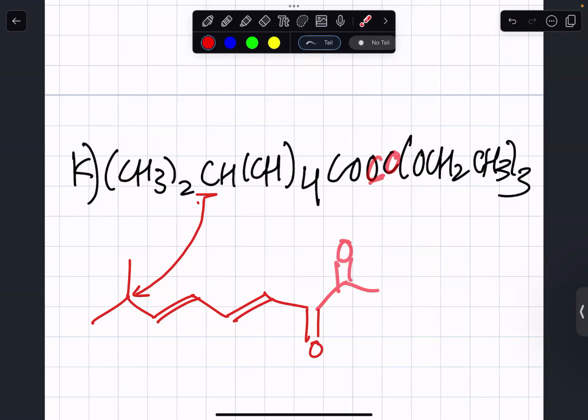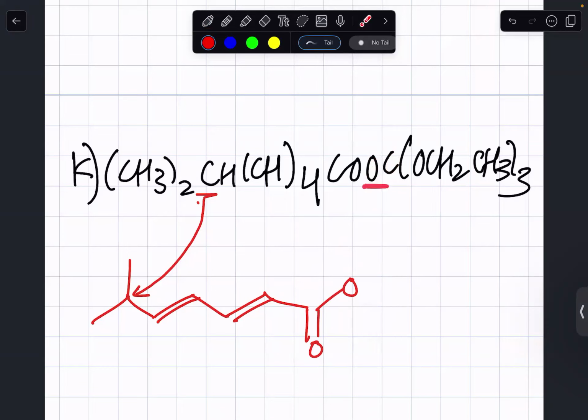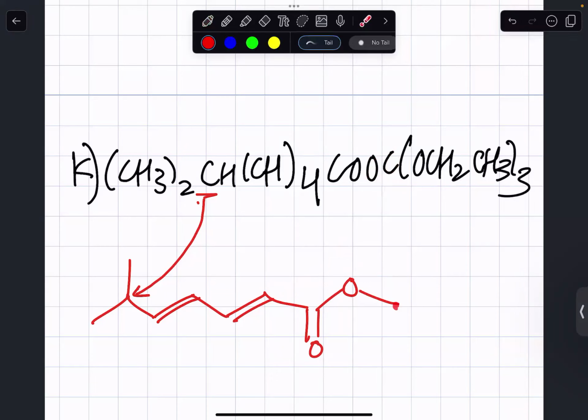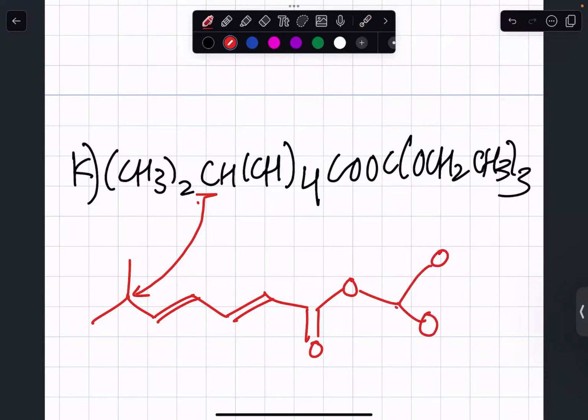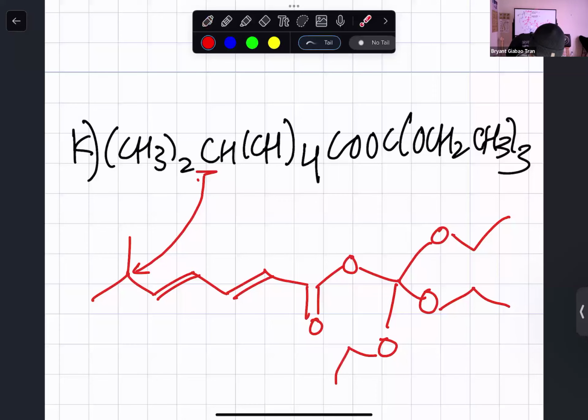And then this right here is a special type of functional group, but we'll go back to that when we analyze the functional groups. This oxygen here is attached to a carbon, which is attached to three of the same, which is OCH2CH3. So let's analyze the central atom, this carbon, which I'm going to make the pink dot right there.